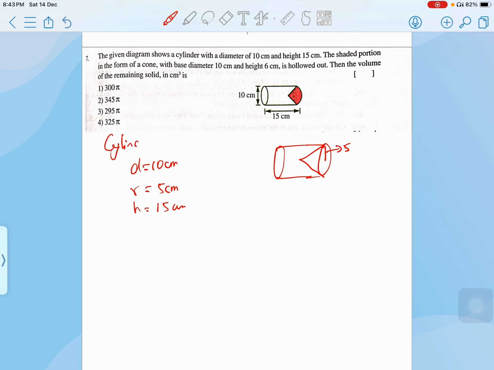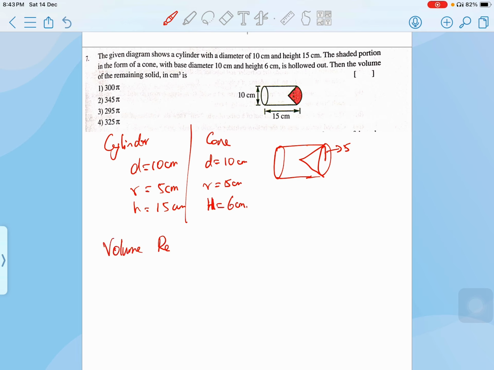This is for the cylinder. So when you take for the cone, also same radius, diameter 10 centimeter, radius 5 centimeter, but height is, they gave the height as, let's take this one as height capital H, let's take this supposed to be 6 centimeter. So what is the volume of the remaining solid?